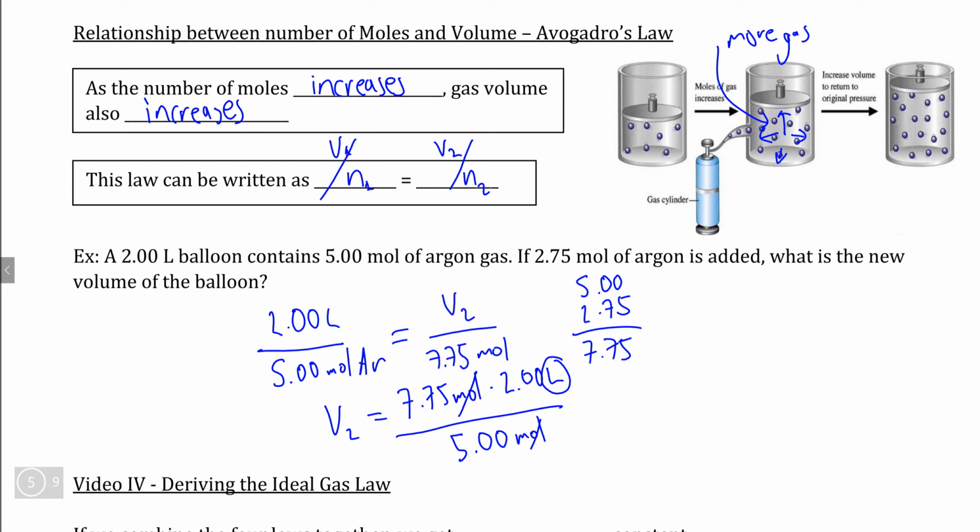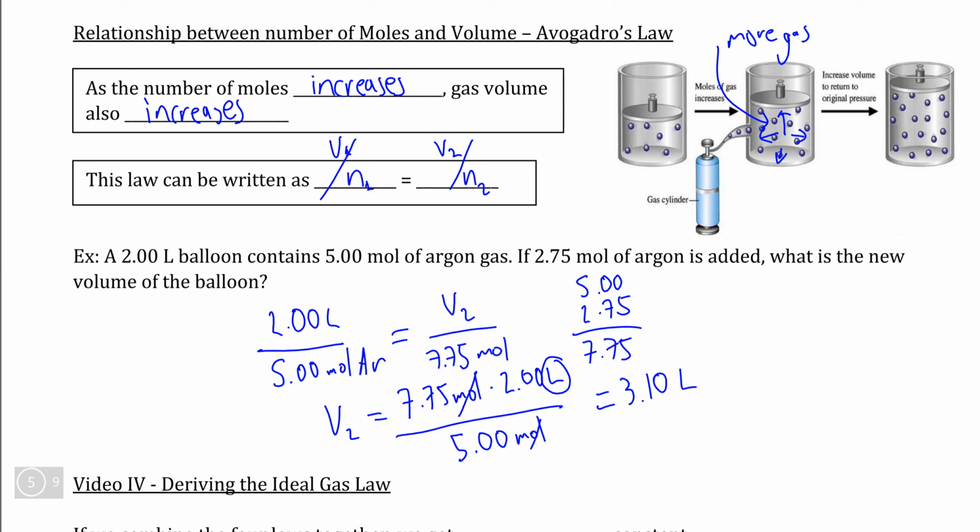And if you put this into your calculator, you will get that this number comes to exactly 3.10 liters, and we see that our new volume is larger than our original volume was, which is exactly what we would expect given that we added gas.